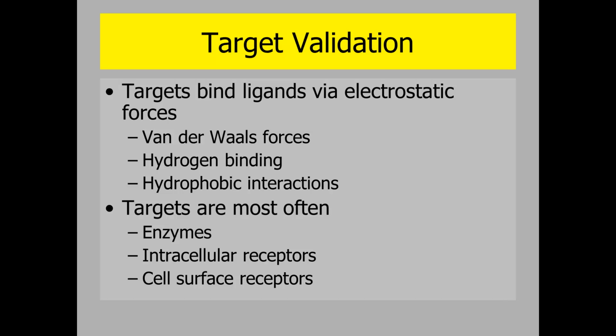So what are the targets then that are being identified? Enzymes are frequently the target, intracellular receptors, and cell surface receptors that are on the outer surface of cells. These are the targets that are most commonly being used for drug identification.